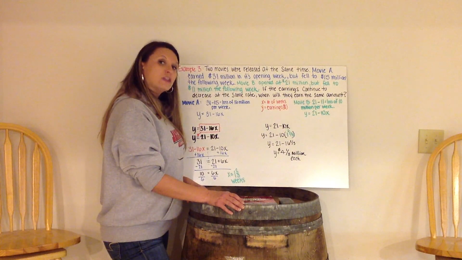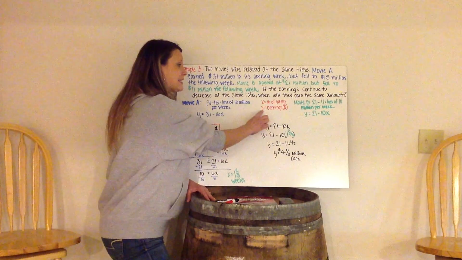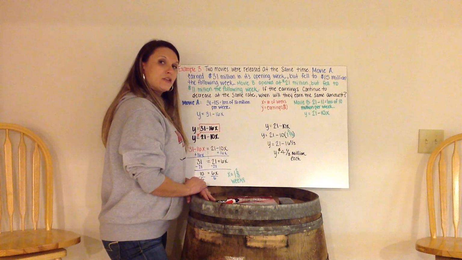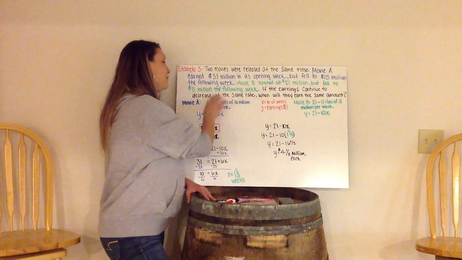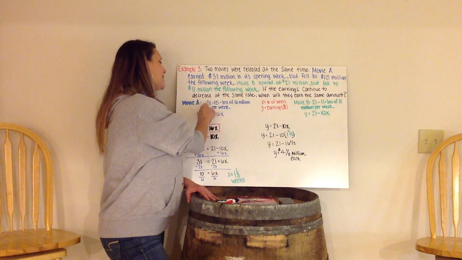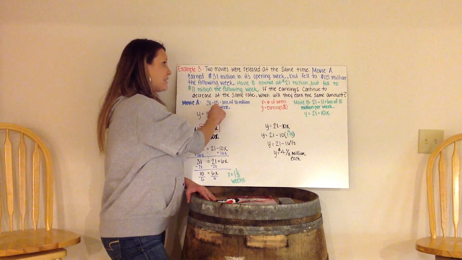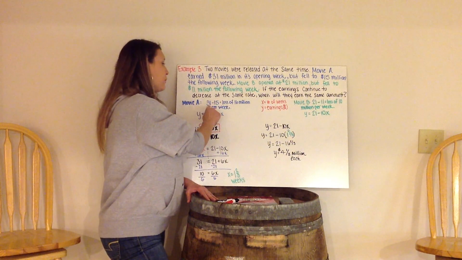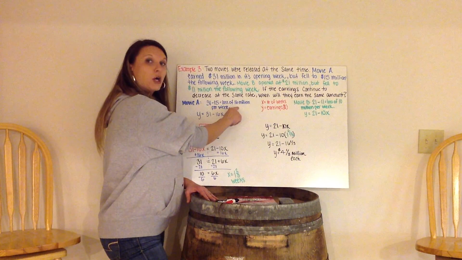First of all, we always want to label our variables. So I chose X being my number of weeks and Y being my earnings, because those are the two things that I'm comparing. Then I went ahead and color-coded it. Movie A. We said that it was 31. It ended up being 15 million. So when you subtract them, it is a loss of 16 million per week.